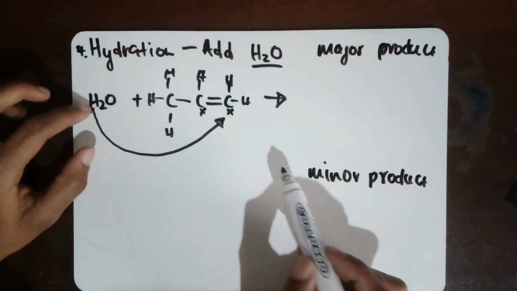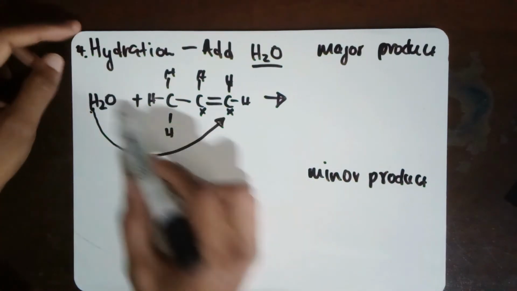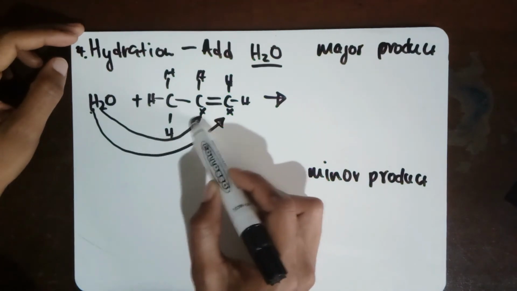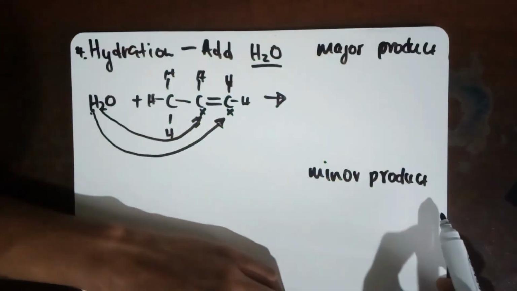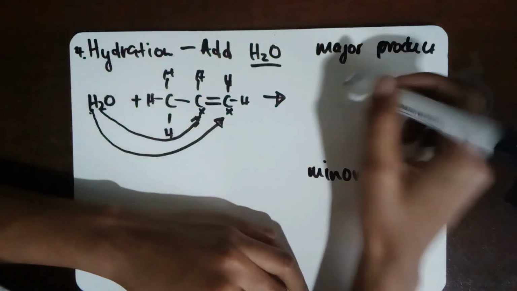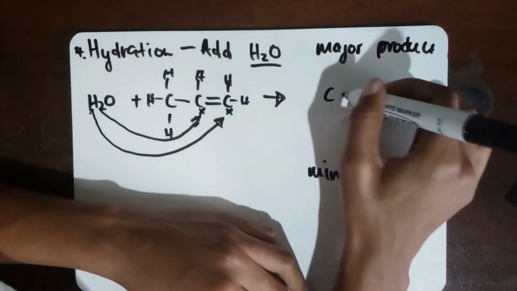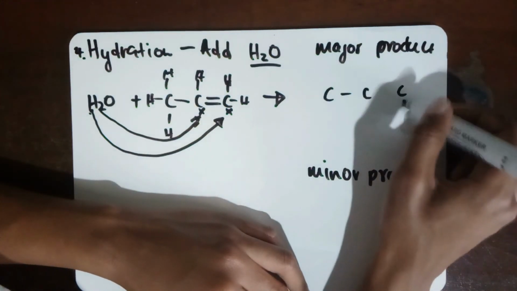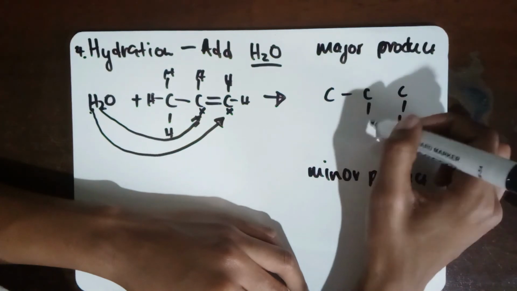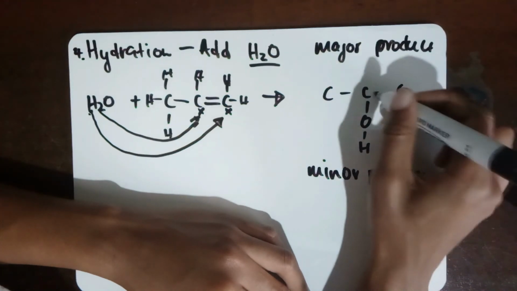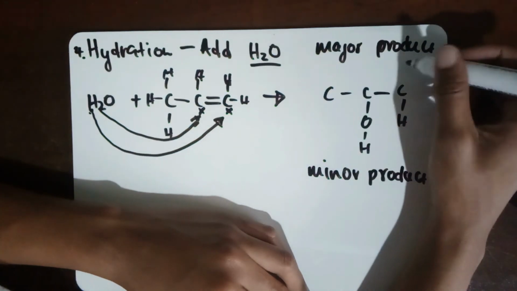So if you take the hydrogen, we are left with OH, and then the OH will now come here to form the major product, right? So meaning we're going to have a situation like this. The H will go here, and then the OH will come here, forming an alcohol, if you realize that.